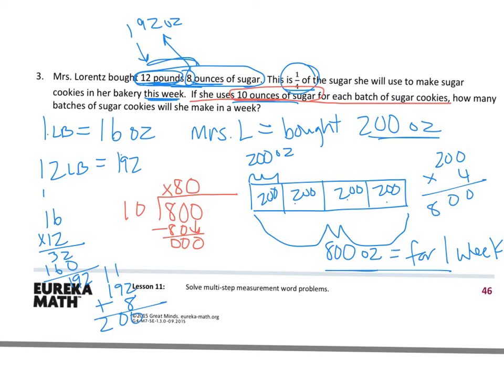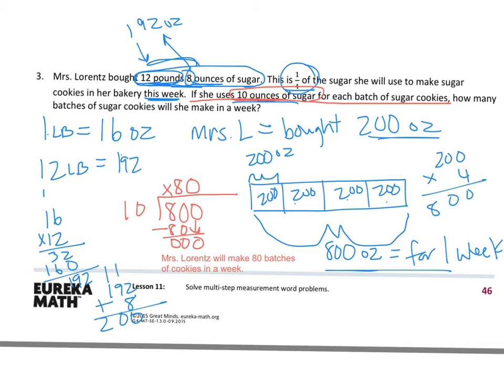So my actual division piece of this will get me 80 batches of cookies. So I'll then put in my answer statement. And there's my answer statement right there. Mrs. Lawrence will make 80 batches of cookies in a week.